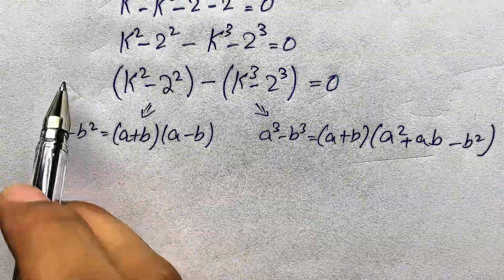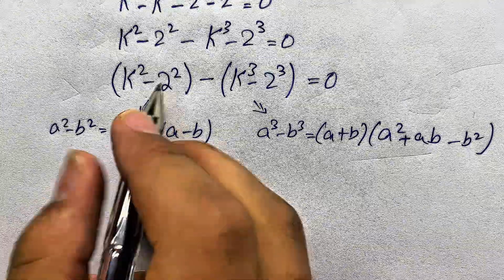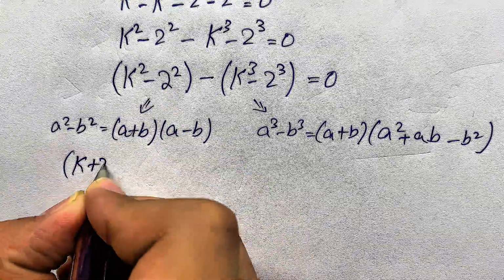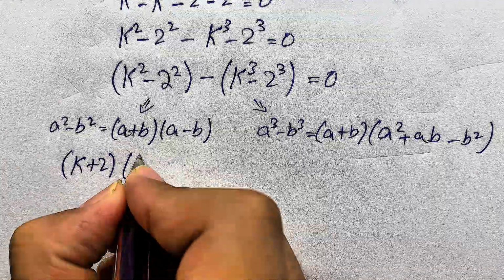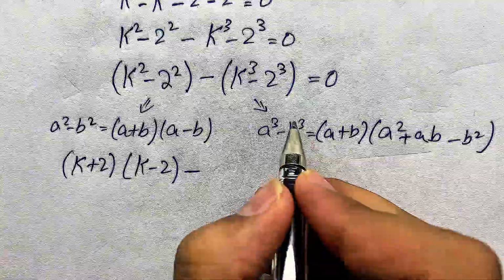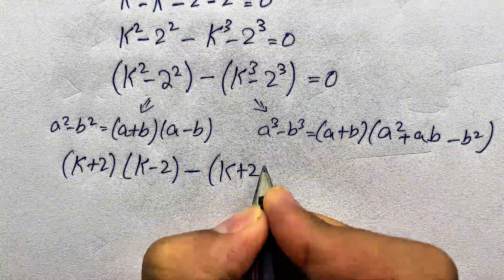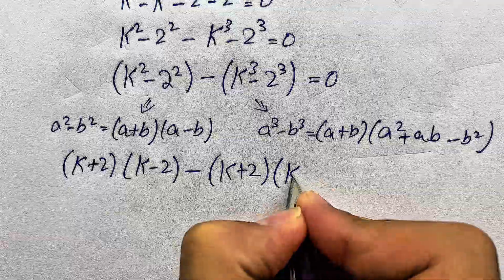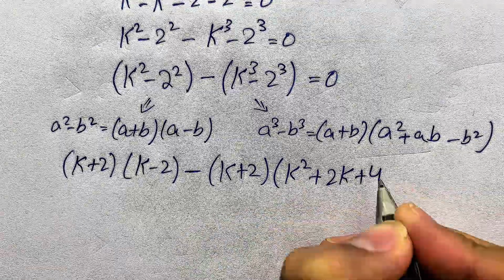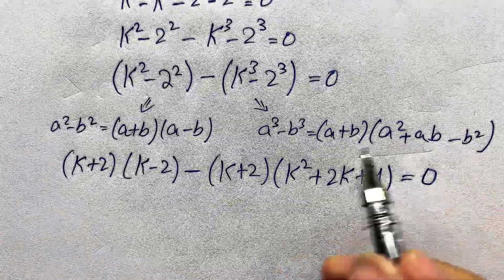k^2 - 2^2 will be (k + 2)(k - 2), minus (k - 2)(k^2 + 2k + 4) is equal to 0. 2^2 is also 4.